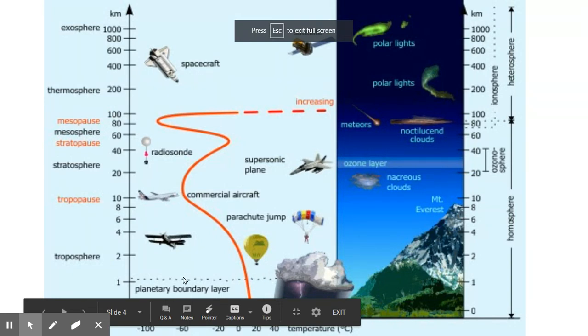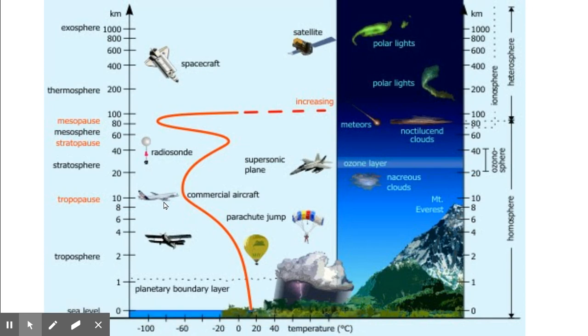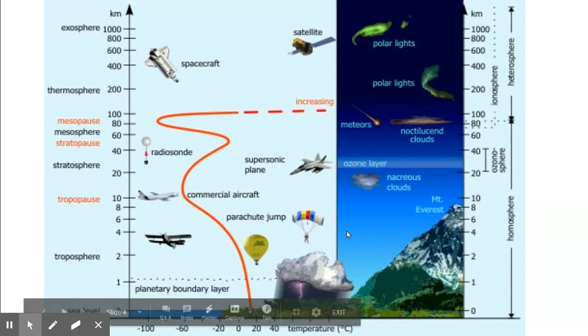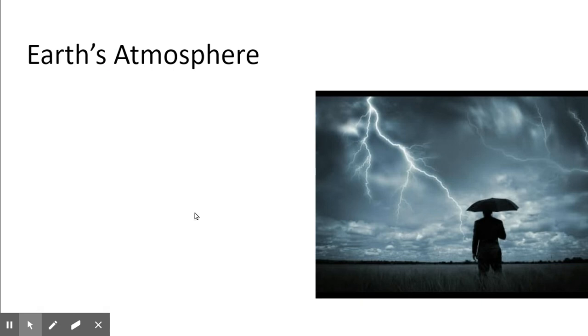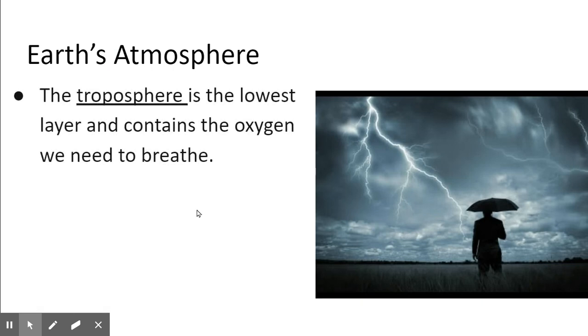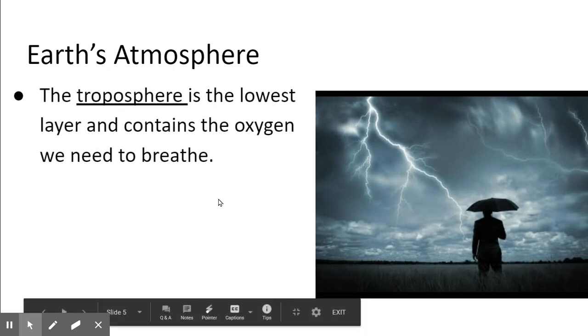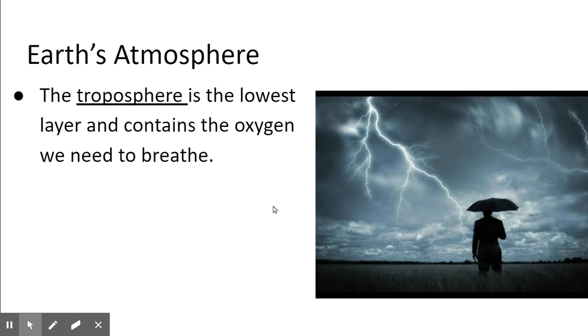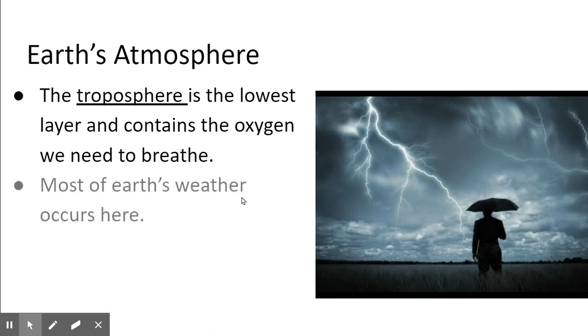The troposphere goes all the way up to the top here. Even commercial aircraft fly in the very upper layer of the troposphere. Remember, this is where all weather occurs, and where 99% of the oxygen that we breathe is found.